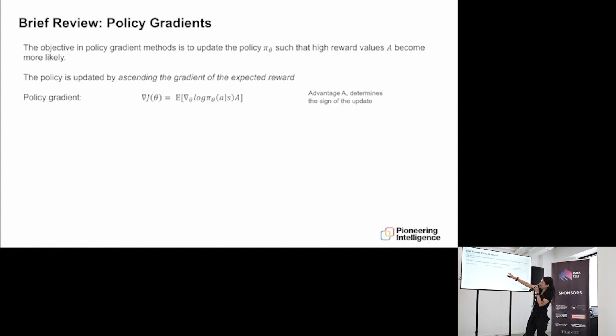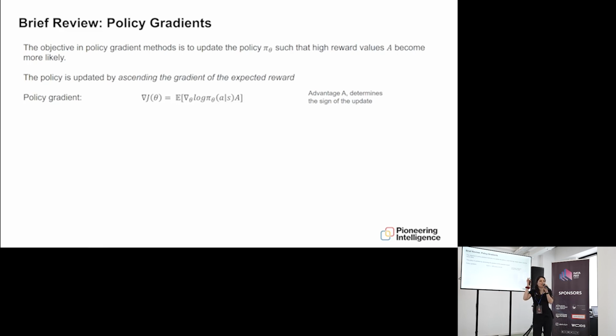You try to maximize the expected reward of taking an action A. If your reward, or here we call it advantage A, we use that interchangeably, is positive and high, you want to walk up your gradient towards taking that action. If it's negative, you want to walk away from there.